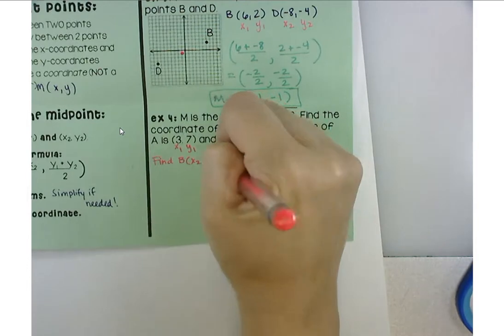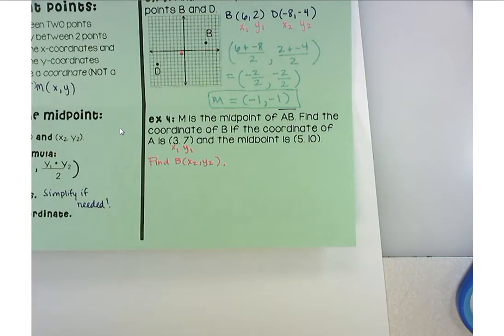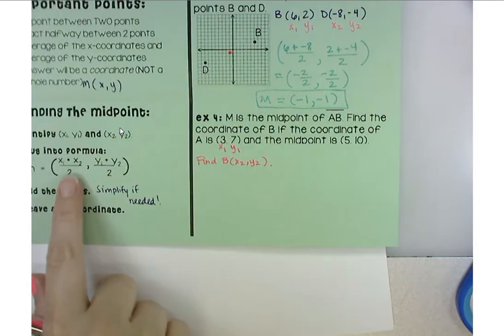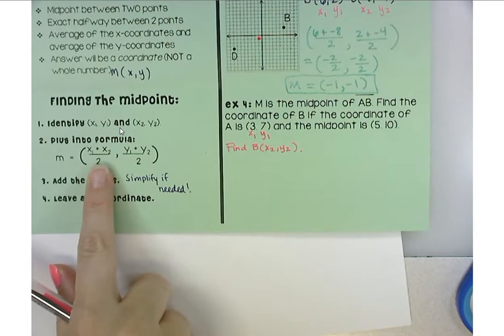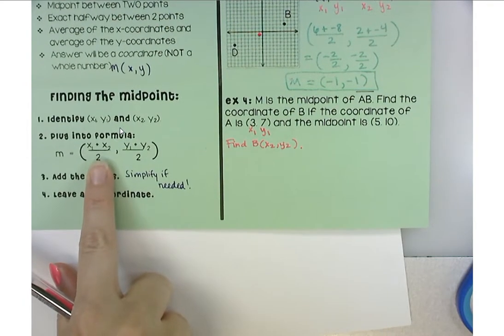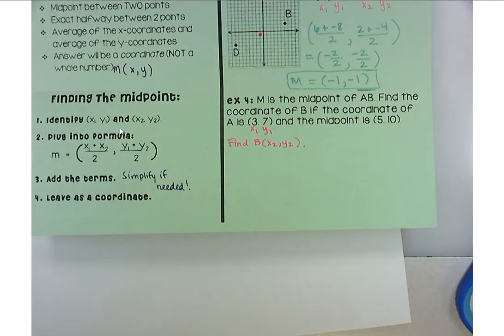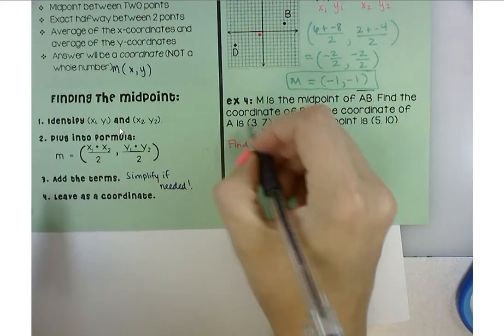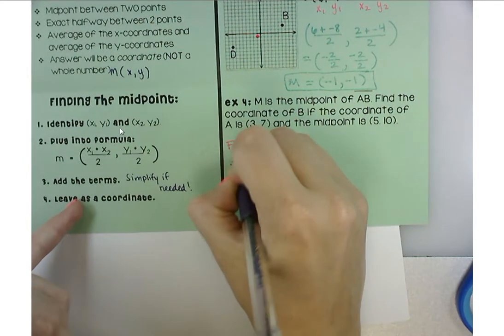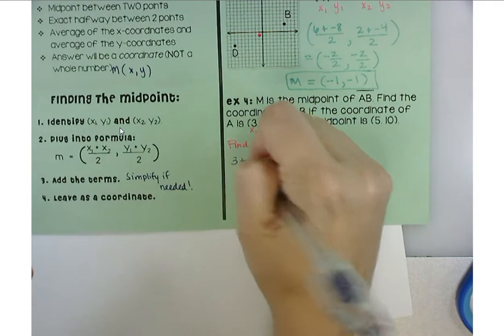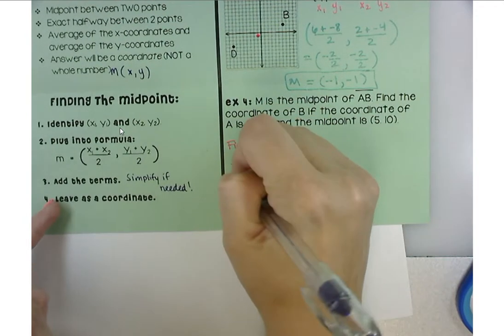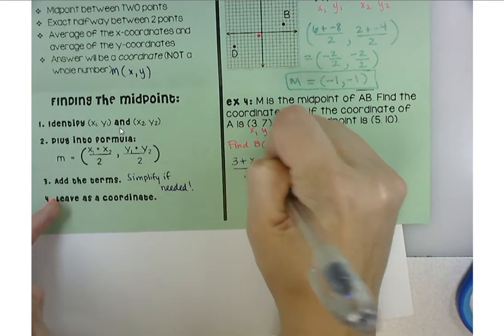So what we have to find is x2, y2. In order to do that, we're going to use our equation. We know if we add the two x's together and divide by 2, we get the x coordinate of the midpoint. So we're going to take our x1, which is 3. We don't know what our x2 is, so I'm going to write it as x2 divided by 2.